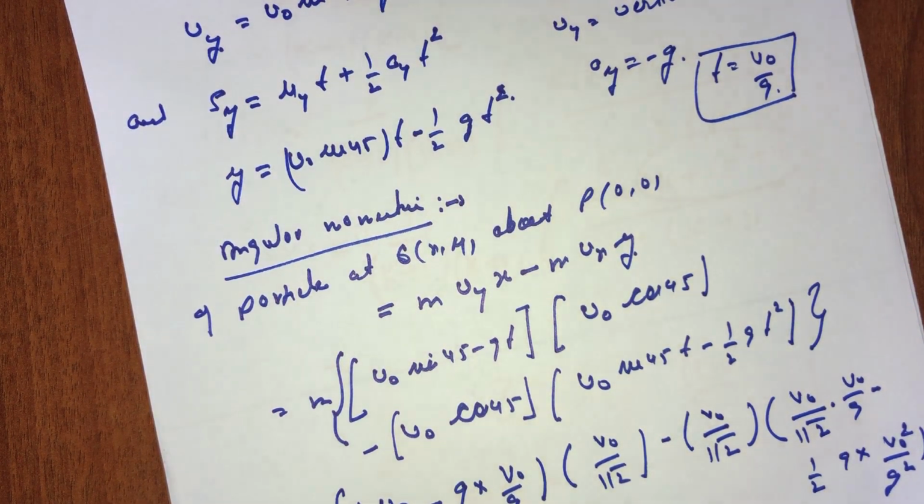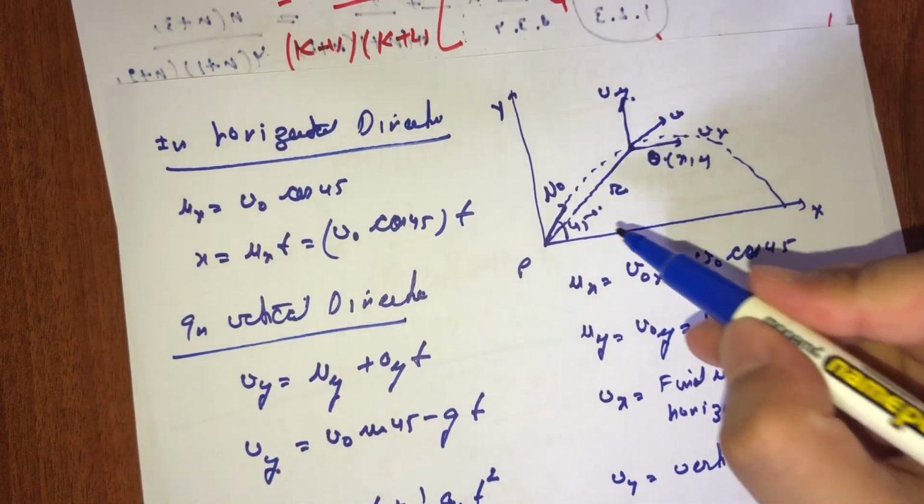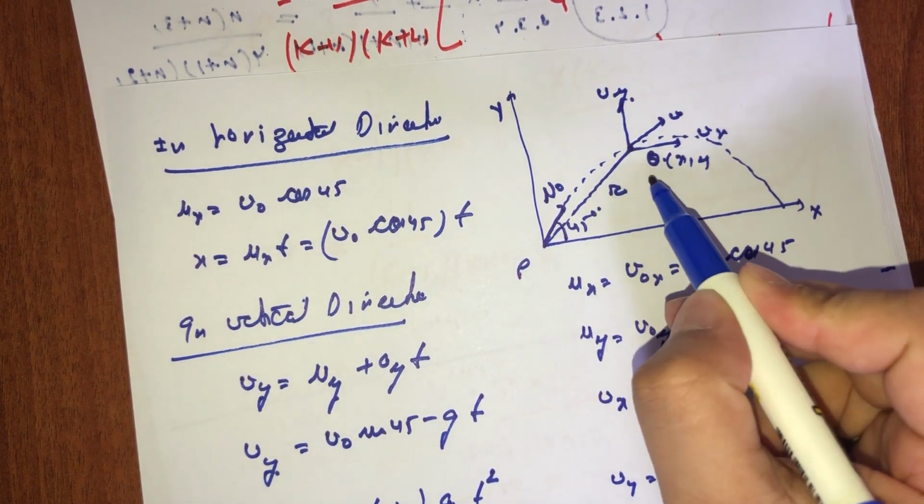So for the direction, we can say that the direction first of all will be perpendicular to the r. This is r. First, it will be perpendicular to the r.